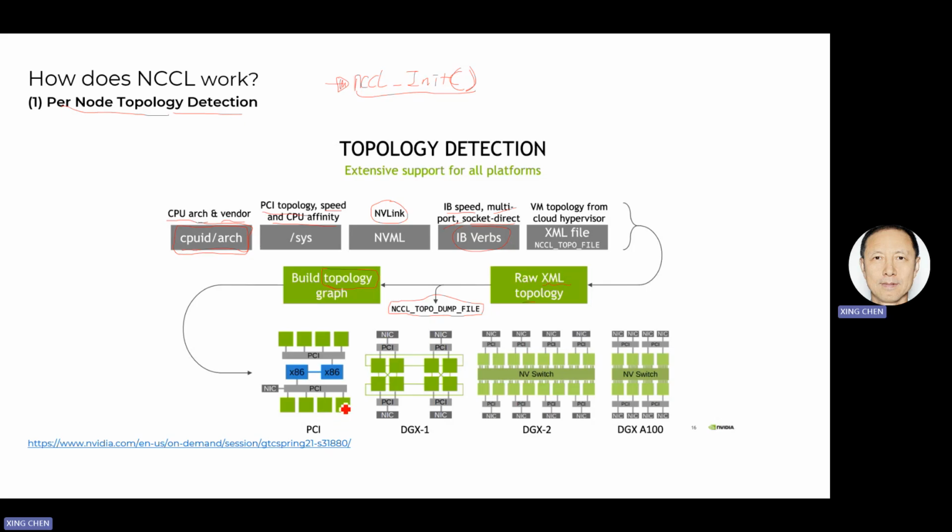And here we can see examples of what the NCCL communication library could build up for different kinds of nodes. The first one is the traditional dual socket x86 node with GPUs in the form factor of PCIe adapters.